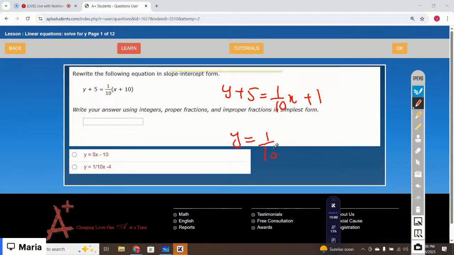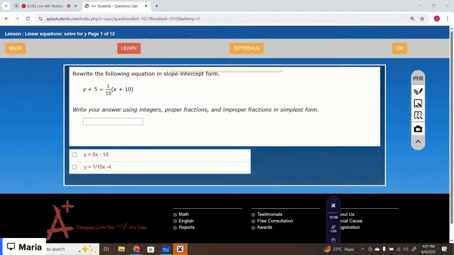So y equals 1 by 10x, 1 minus 5 is negative 4. So option number 2 is the correct option, that is y equals 1 by 10x minus 4.